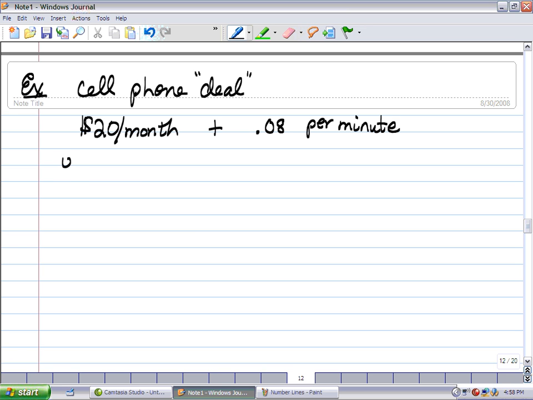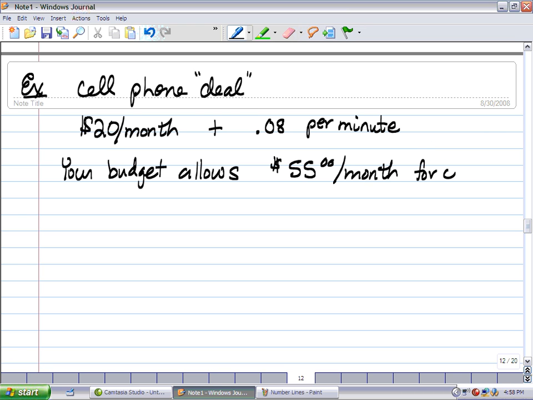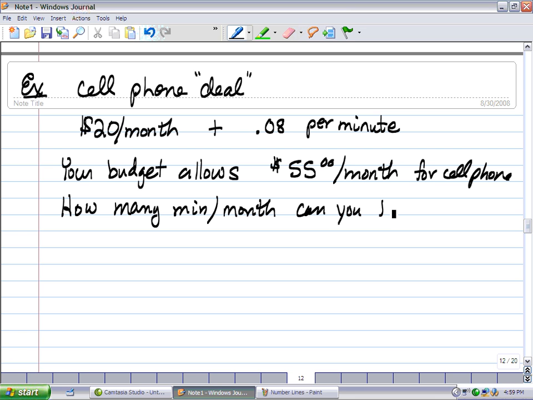Okay, your budget allows $55 a month for your cell phone. So how many minutes can you afford to talk? Minutes per month, I'll say.